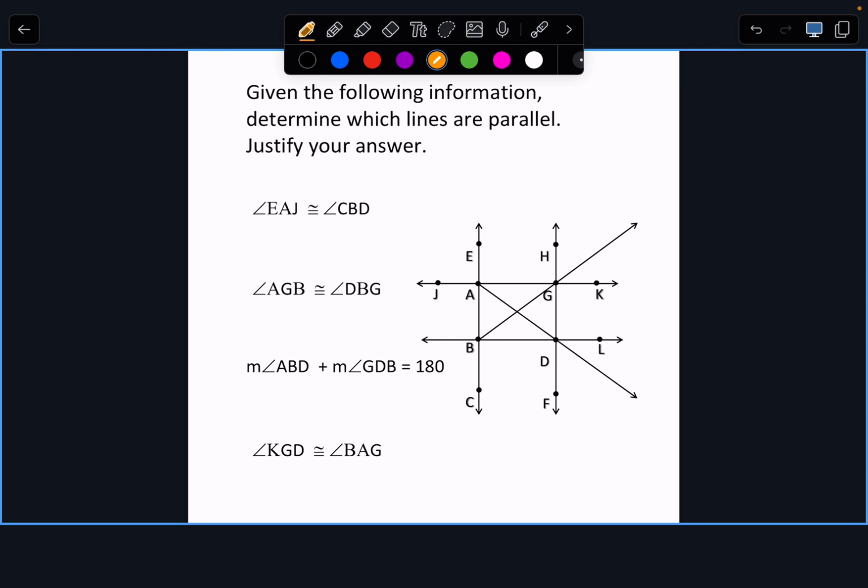The angle is... and then D, E, G. You say line K, line L, but the point says justify.